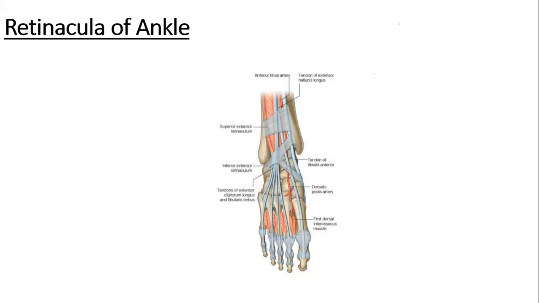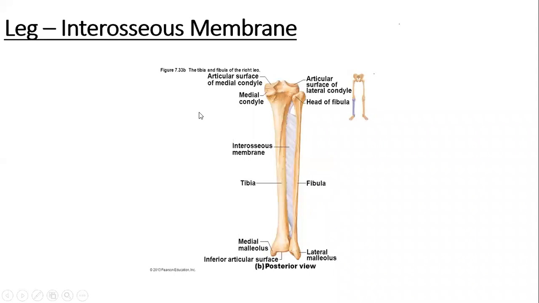Now, a few points regarding the interosseous membrane. Interosseous membrane, as the name indicates, is a fibrous sheet that extends between the two bones of the leg, the medial tibia and lateral fibula.